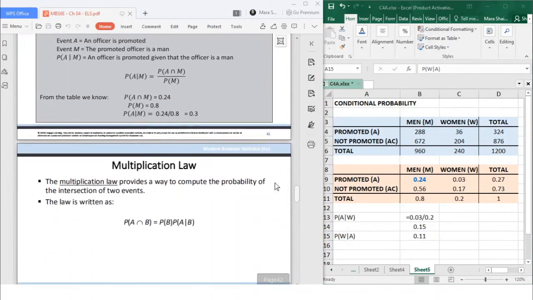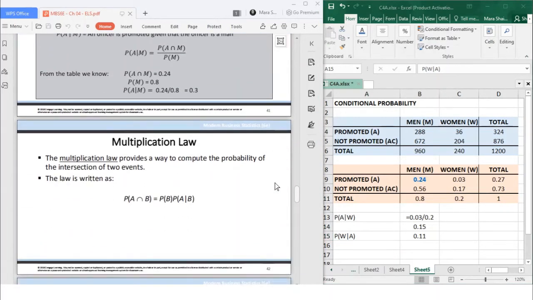Given your conditional probability, we now move on to another law, which is our multiplication law. The multiplication law provides a way to compute the probability of the intersection of two events. Again, the probability of the intersection of two events.